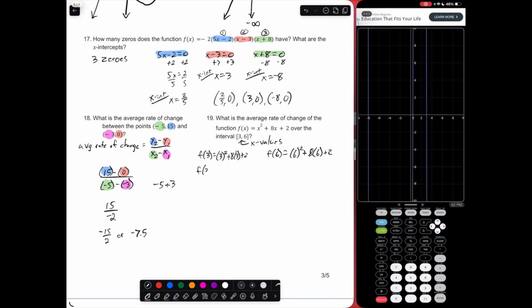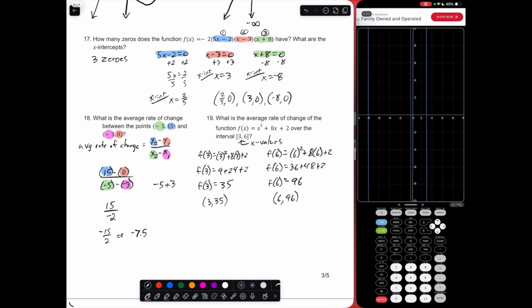So f of 3 would be 9 plus 24 plus 2. 9 and 24 is 33, so this comes out to be 35. And f of 6 would be 36 plus 48 plus 2. So f of 6 would be 50 plus, that would be 96. So the coordinates are (3, 35) and (6, 96).